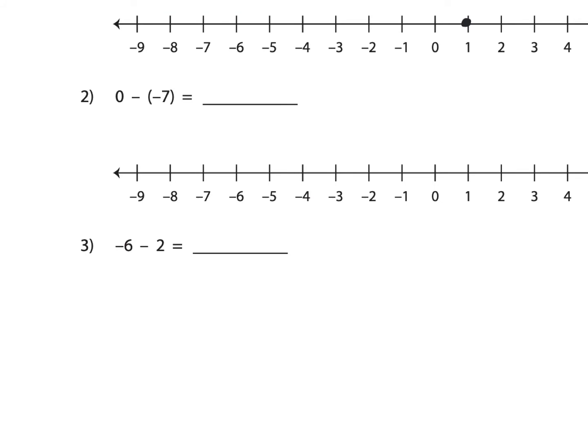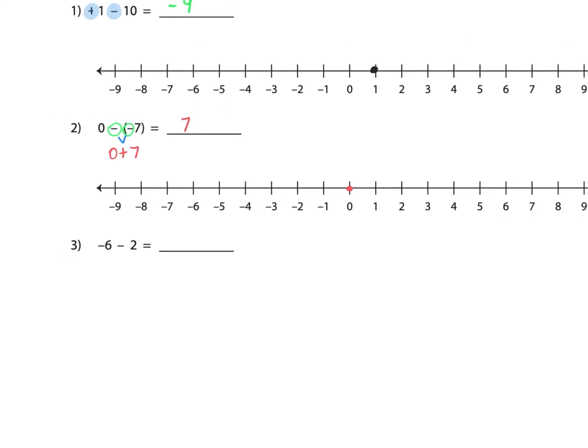Let's take a look at our next one here. I have 0 minus -7. A negative and a negative give me a positive. So rewrite it here as 0 plus 7 to give me 7. It's like we were at 0.